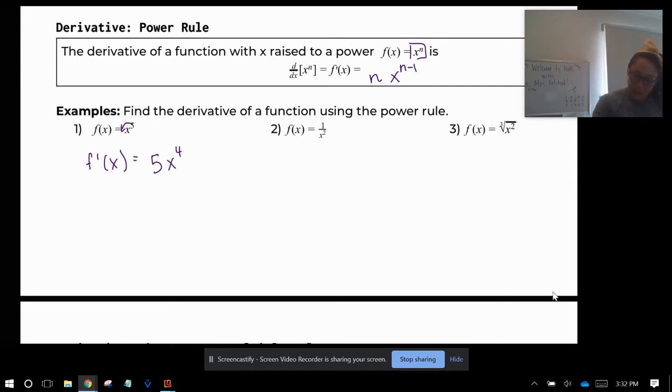The next one. These are tricky. We're going to write this as x to the negative 2 power instead of 1 over x squared, because now I can take my power and multiply it into the front, giving me negative 2 times x to the n minus 1, so negative 2 minus 1.